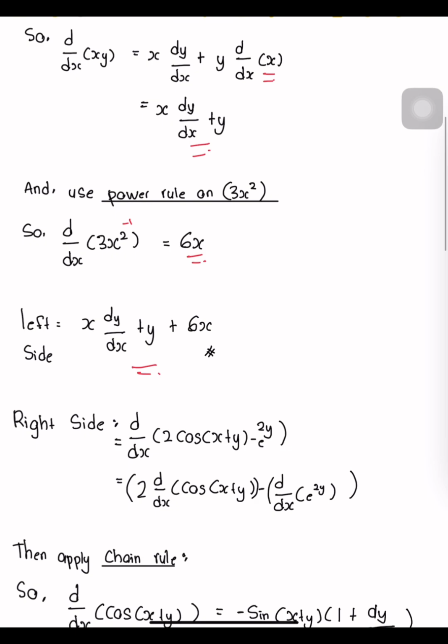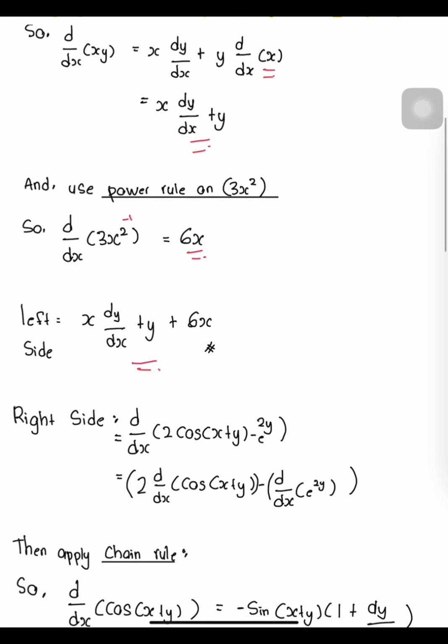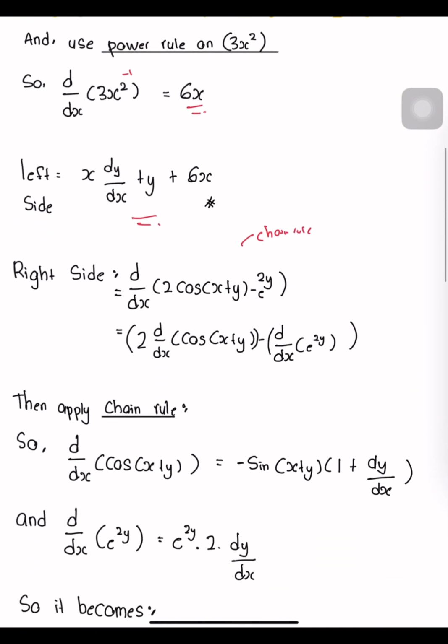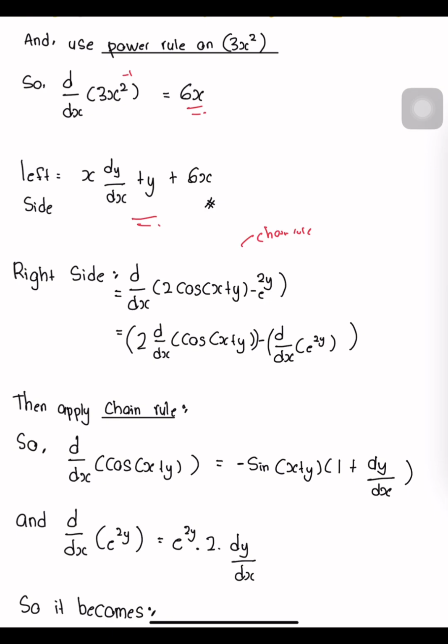Alright, for the right side, we still do the same. For this one, we should use the chain rule. The first step of differentiation gives 2 times d over dx of cos(x plus y), minus d over dx of e to the power of 2y.